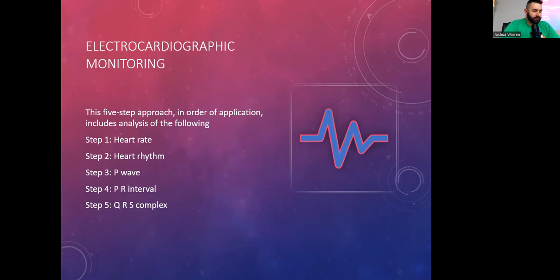The PR interval, which again is the interval where the impulse is traveling from the atria to the ventricles. Then the QRS complex. QRS complex. Do you know how you'll be successful at this?